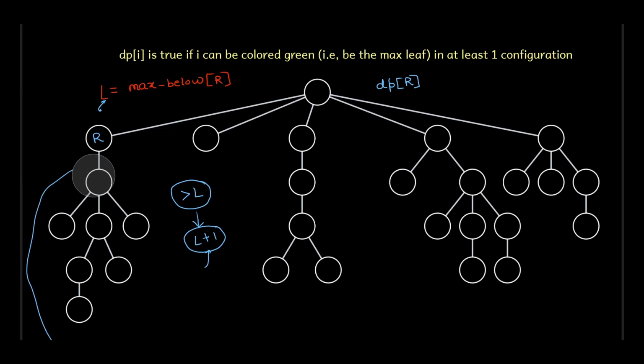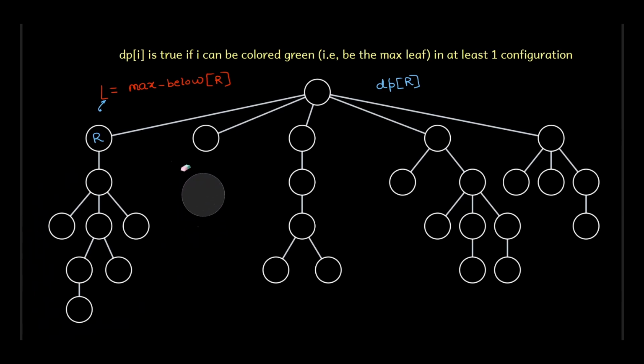So first, with this L, let us locate all the occurrences of the numbers from L to R.